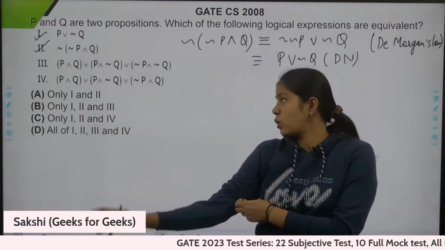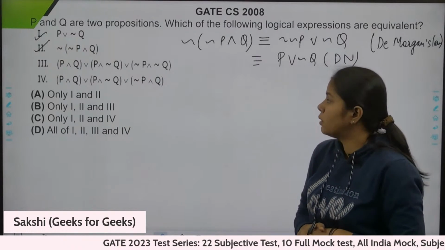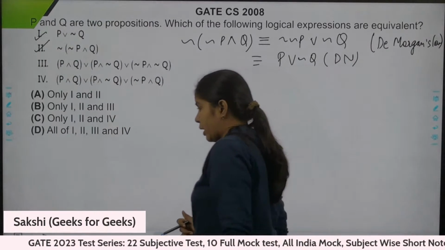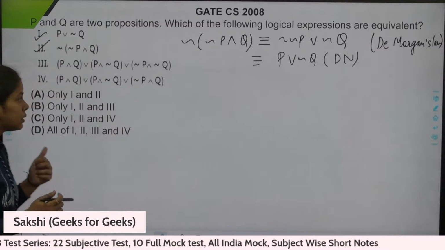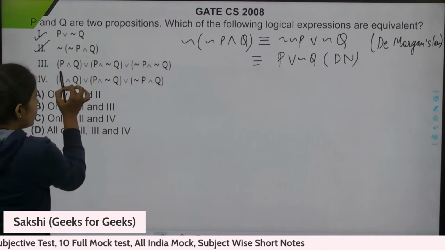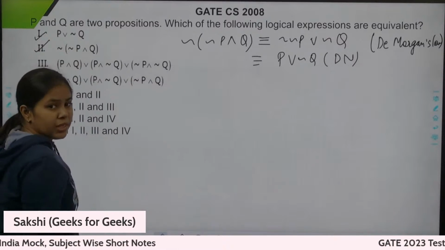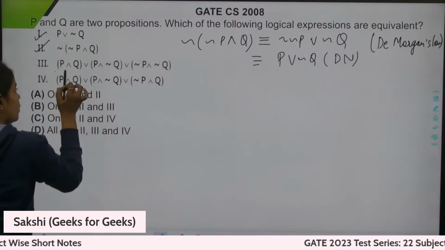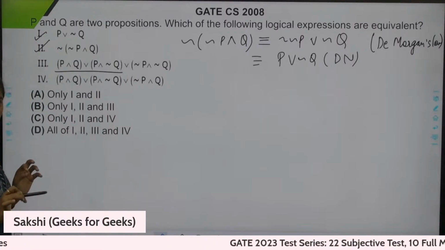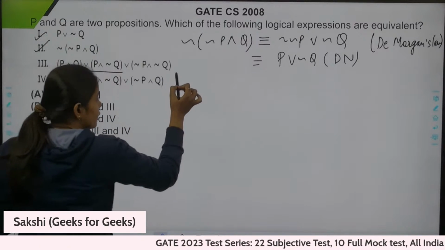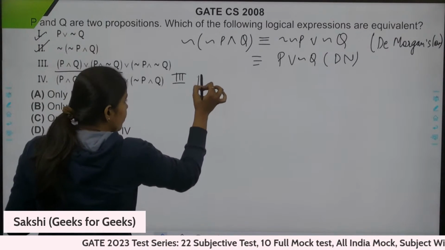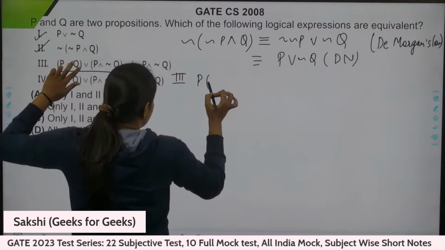Now I can solve the same for the third statement. Let's see what we can do in the third statement. What is it? P and Q, or P and negation Q, or negation P and negation Q. So what I can do here, I can take P common using the distributive law, right? In the third statement I can take P common. What would I be left with?